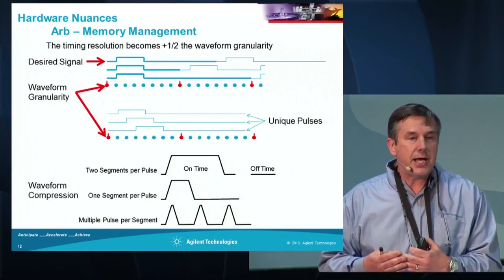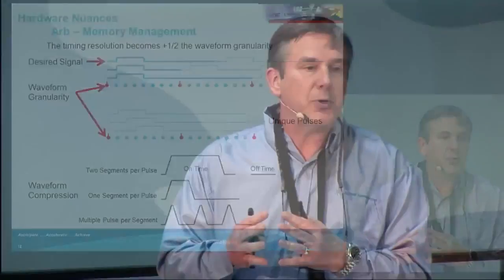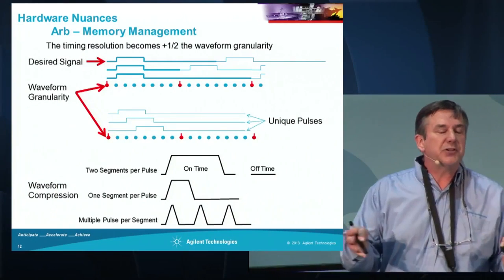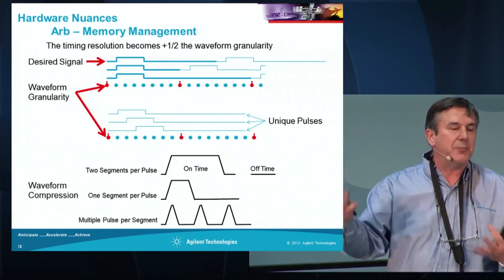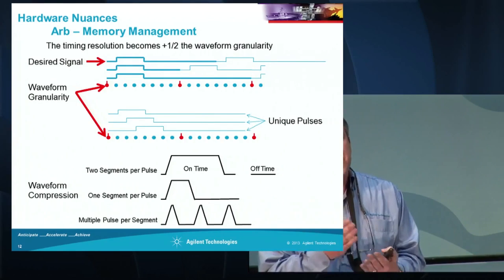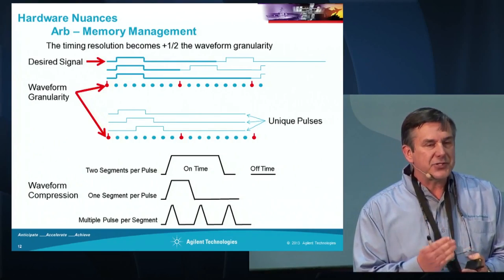Memory management as well is very key, because if you need to align pulses, and you're using segmented memory in order to conserve memory within your signal generator, you want to be able to align these different segments such that they match the blocks of memory to which your arbitrary waveform generator writes. Of course, I kind of butchered that, but suffice it to say, each sample is not individually accessible out of a deep, very fast ARB memory.